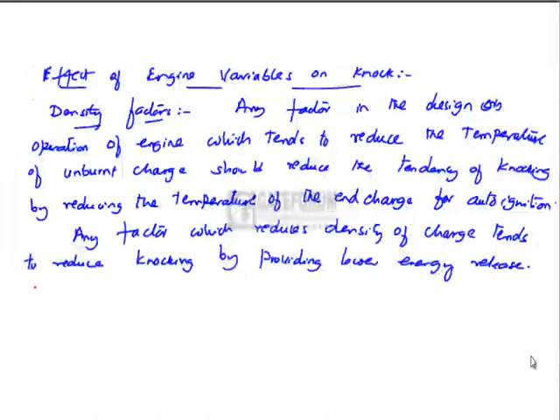For example, taking the compression ratio: the compression ratio of an engine is the most important factor which determines both the pressure and temperature at the beginning of the combustion process. So, an increase in compression ratio increases the pressure and temperature of the gases at the end of the compression stroke. This decreases the delay period of the end gas and thereby increases the tendency for knocking.